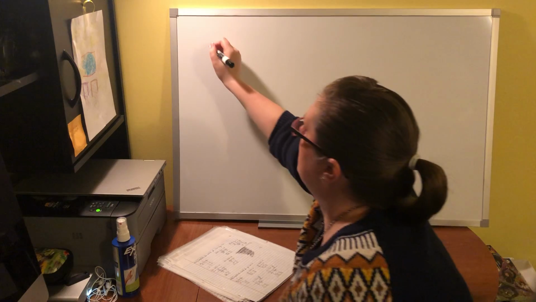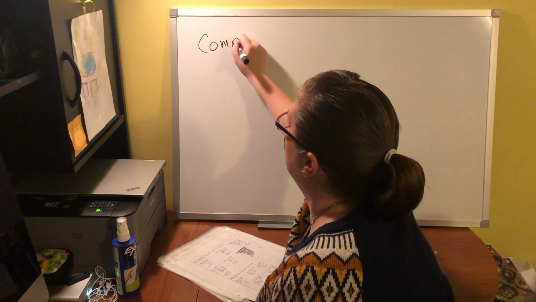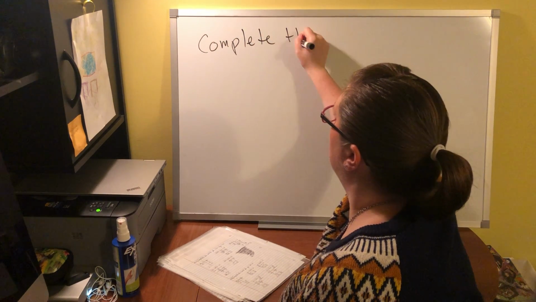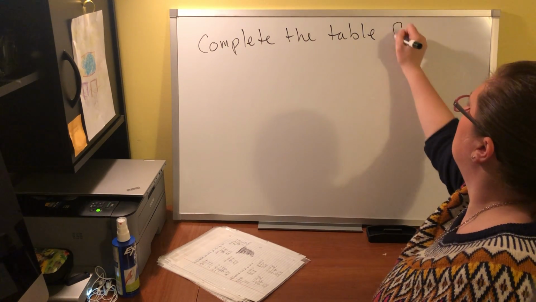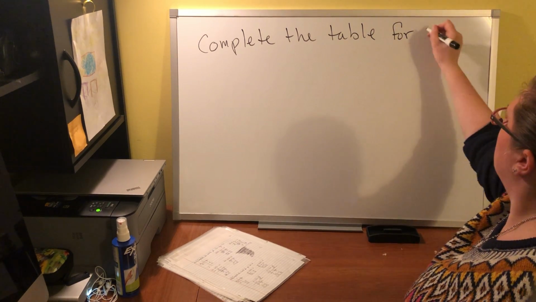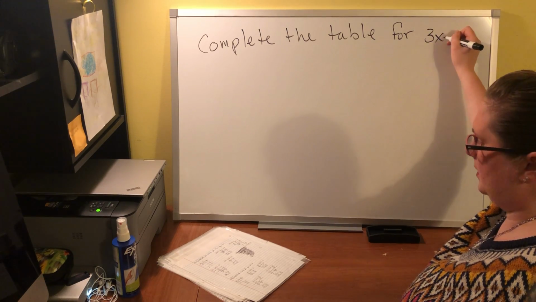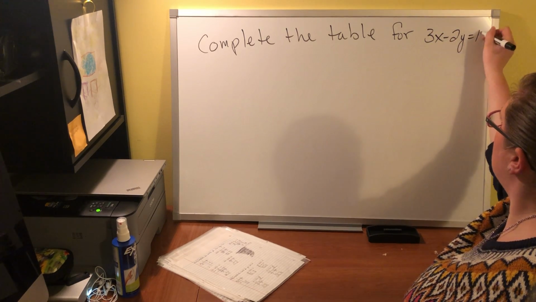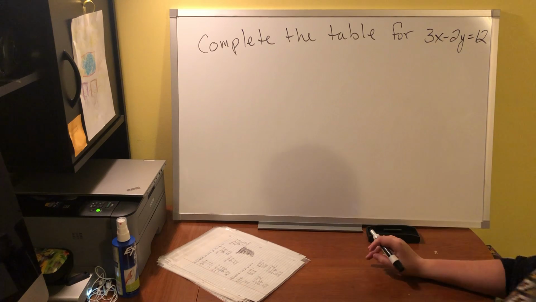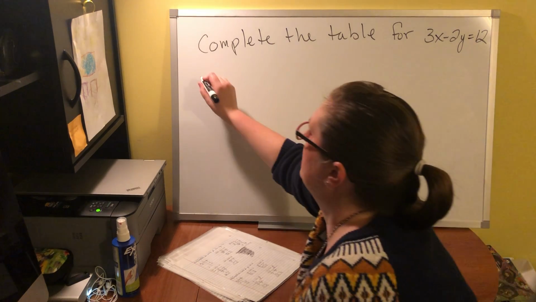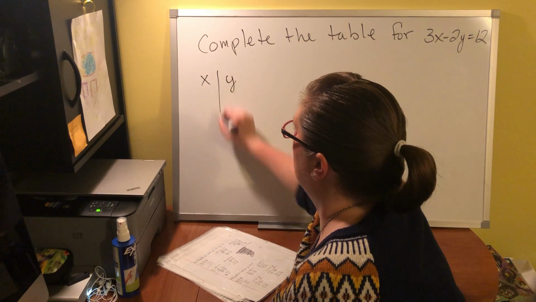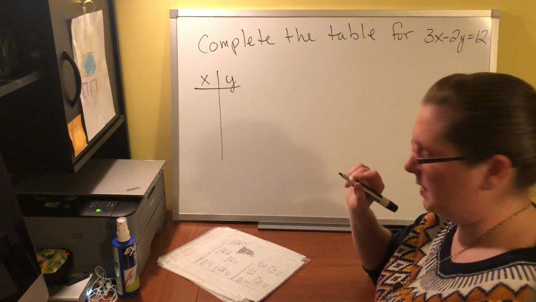All right, so they're going to tell you to complete the table for 3x minus 2y equals 12. Sometimes they're going to give you a table with some values.